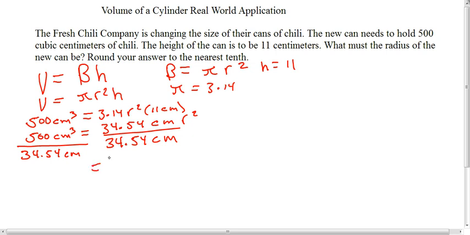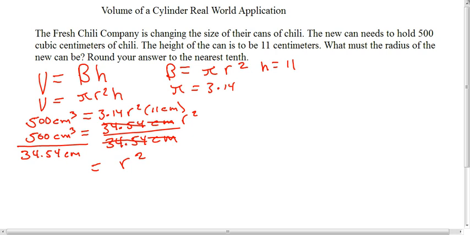When we divide these out, it becomes 1 centimeter. So the centimeters divide out, and this becomes radius squared, because that is all equal to an imaginary 1. We really don't have to put that, we'll just leave it as radius squared.